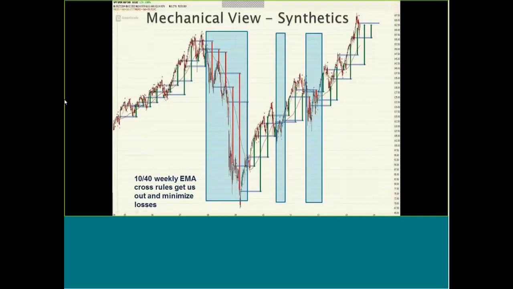Your buying power for a synthetic is roughly 25 times the strike price. So if you were buying a long synthetic on SPY, and SPY was at $200, then your buying power effect would be $5,000.